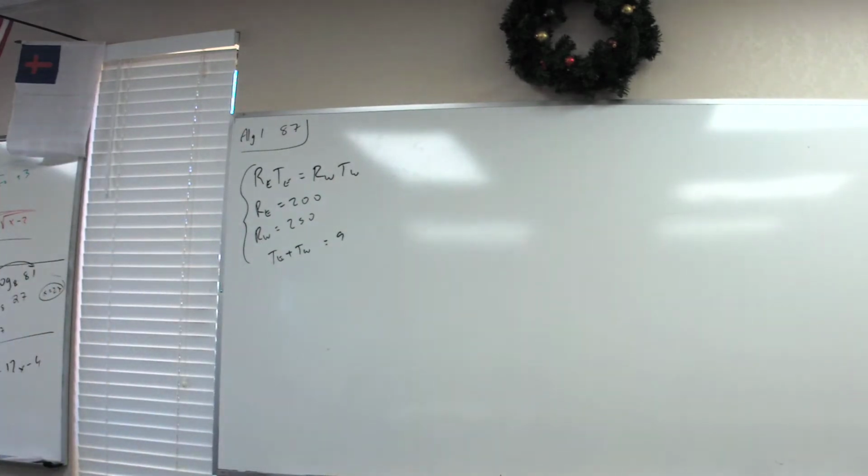Go ahead. Wait, how do you do that one again? Start plugging things in and go from there. I forgot how to do the... You know how to plug in a number. No, not the RE and RW, but the T. Keep going. Just start the problem. I forgot.